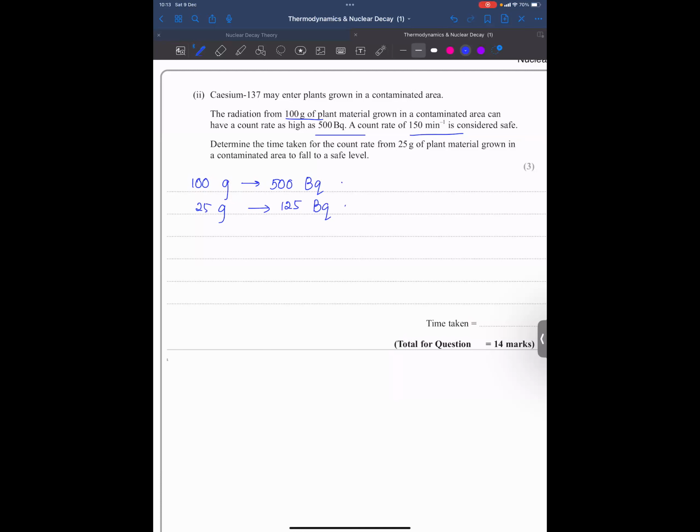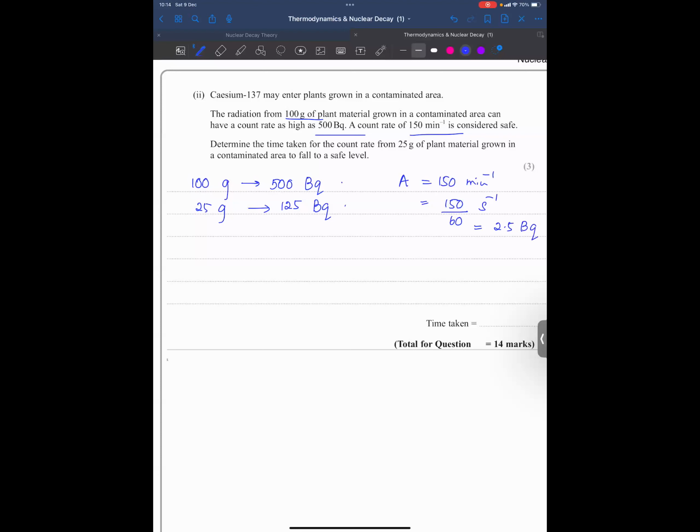Okay, this is the initial count rate. A count rate of 150 per minute. Activity is 150 per minute means that is 150 over 60 per second. 150 over 60 is 2.5 per second.